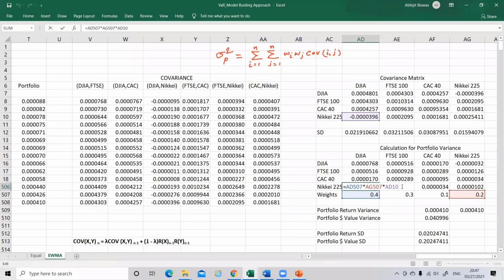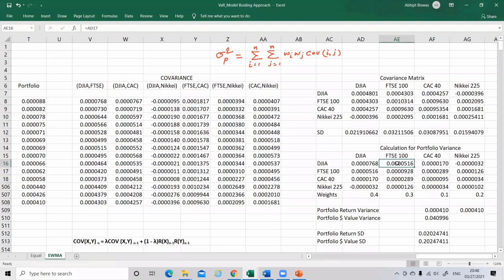Not AD506, this is actually hidden, right? It should be AD90. That is weight of Dow Jones multiplied by weight of Nikkei multiplied by covariance between Dow Jones and Nikkei.